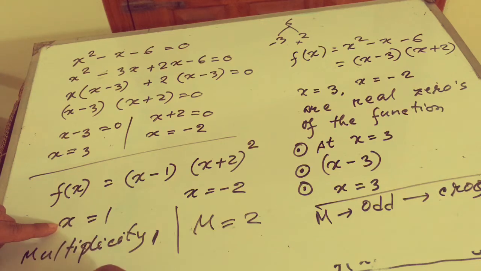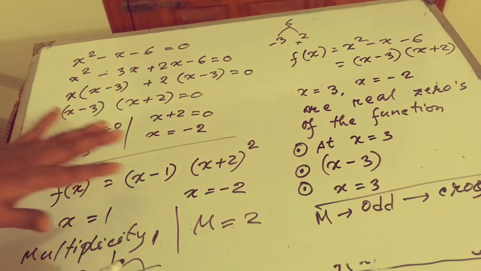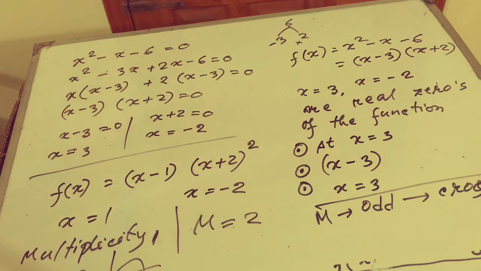The graph will cross means, okay, let me show you. Let me show some random graph. Suppose this is a graph. This is not the graph of this function, this is some random graph. Say this is going forever in this direction, and this is going forever in this direction. So you see at this point the graph crossed the x-axis. At this point the graph crossed the x-axis.